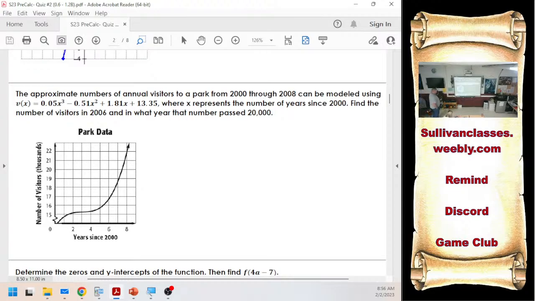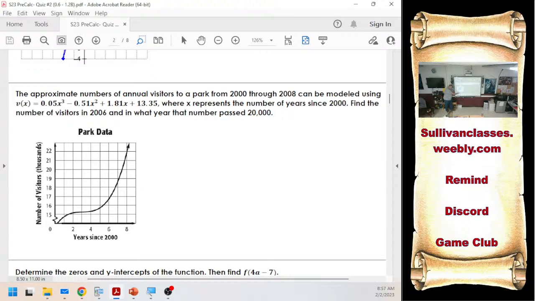How do I algebraically find in 2006 my number of visitors? 2006, is that X or Y? Okay. Then read X-axis.